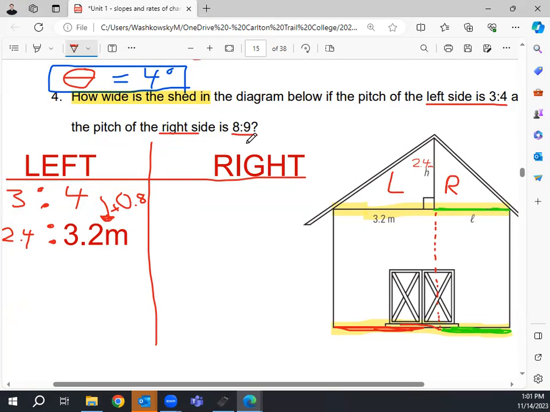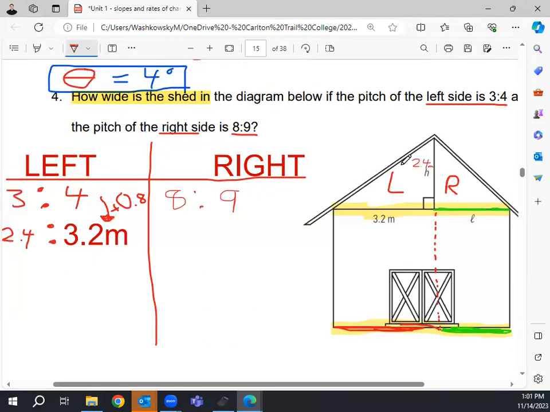Now, how did I solve that left side? Let's look at what I did. What did I do right here? A ratio, but specifically, I put what I know. I know it's an 8 to 9 ratio. So all I did was just put what I know. We always start with what we know, and then we try and use that to find what we don't.